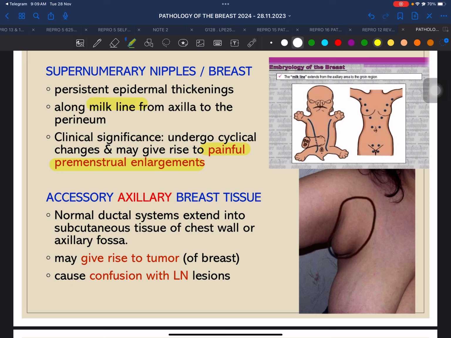Then you may have accessory axillary breast tissue, in which you have breast acini and lobules inside the axilla. This can also give rise to tumor, which can arise from those lobules inside the axilla and cause confusion with lymph nodes.